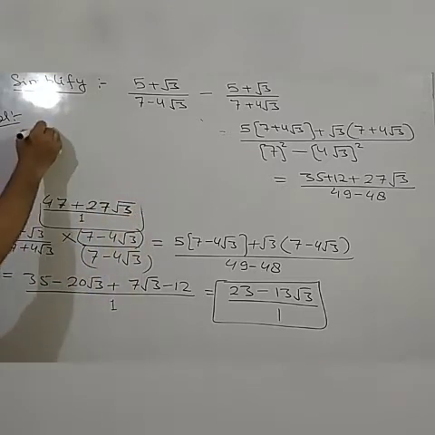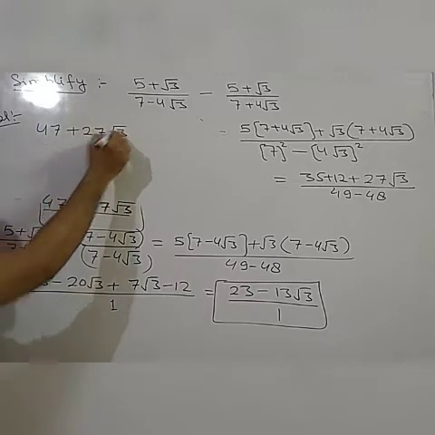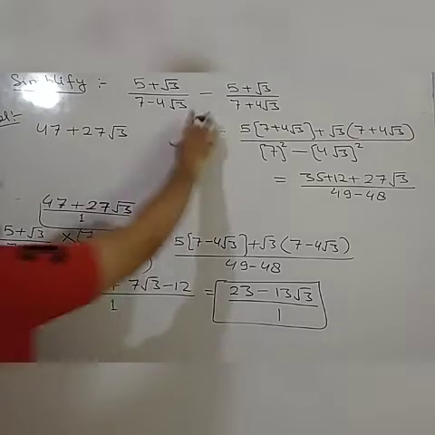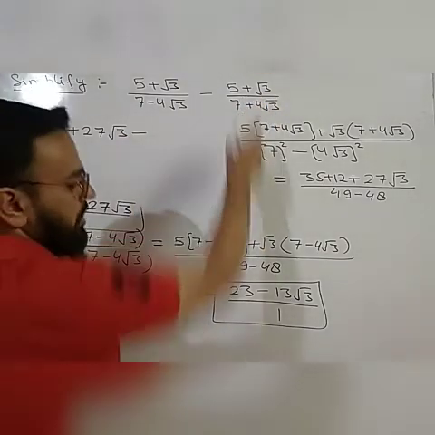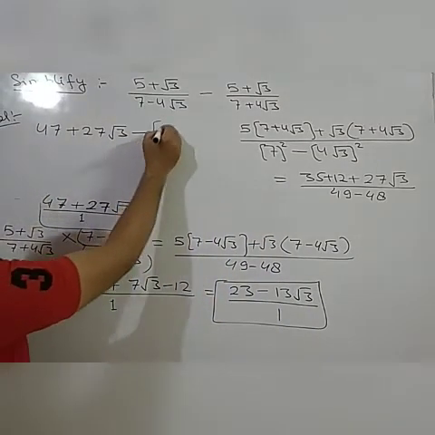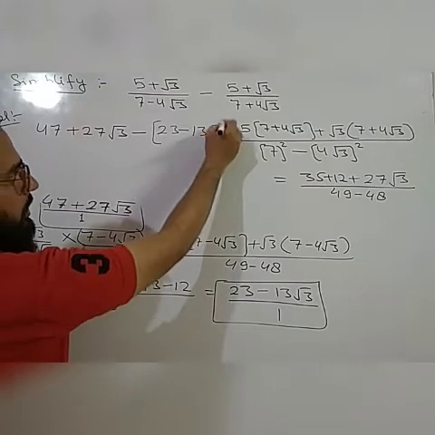So I am putting it here. It will be 47 plus 27 root 3. Denominator it is 1. I am leaving that one. Now minus sign. And the value of this fraction is 23 minus 13 root 3. So use bracket. It will be minus (23 minus 13 root 3).